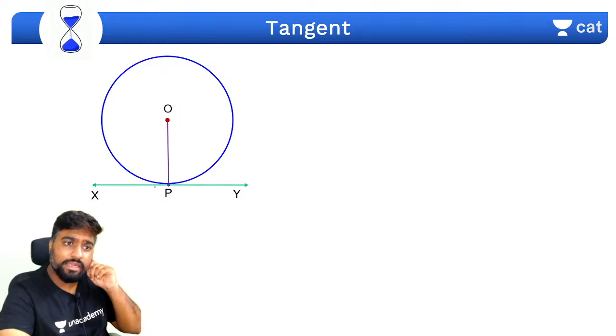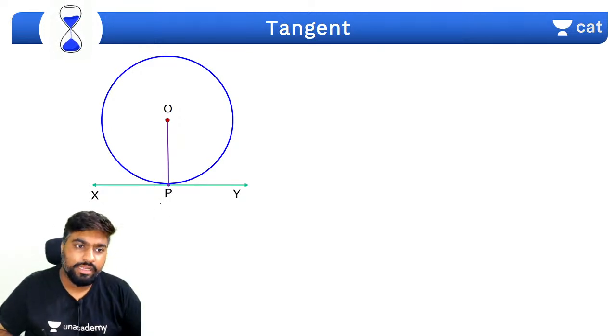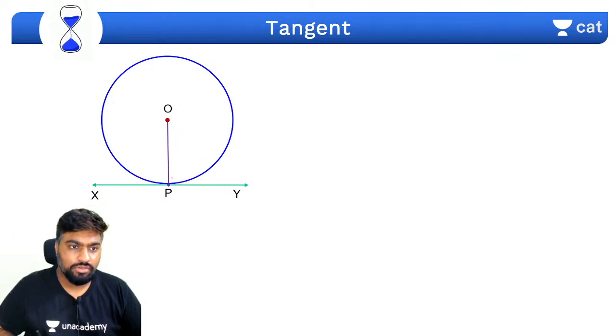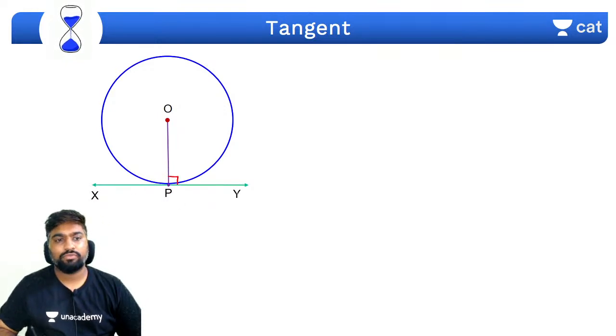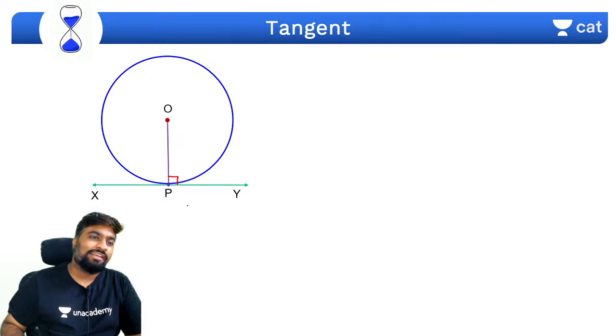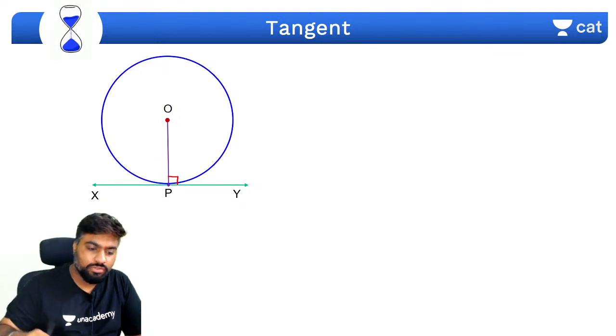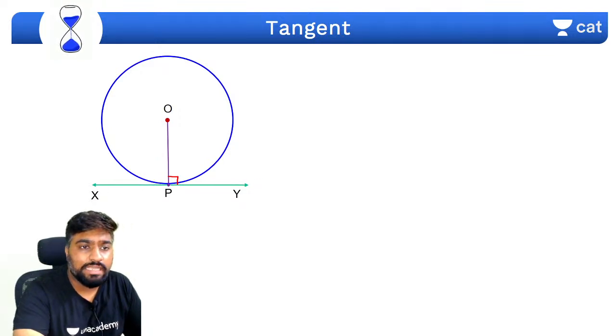And if I draw a radius from the center, then this will always be perpendicular. So you have both tangent and perpendicular. There's the tangent, and this is perpendicular to the tangent. This is one rule with the tangent.